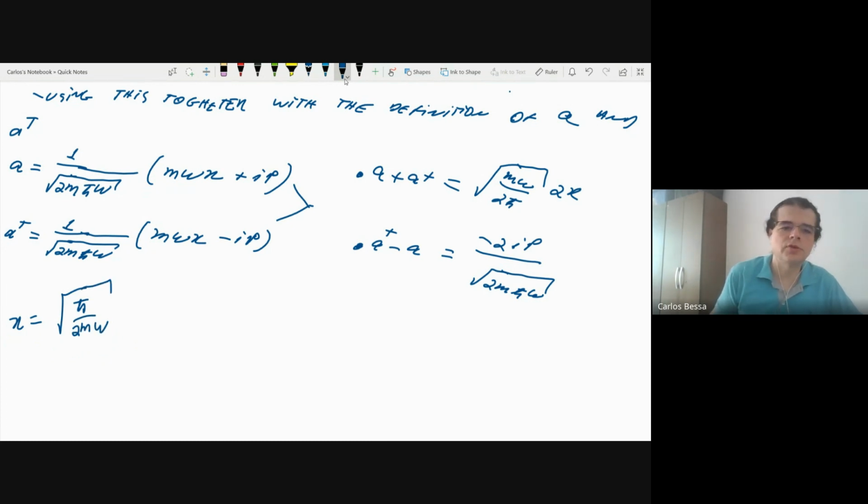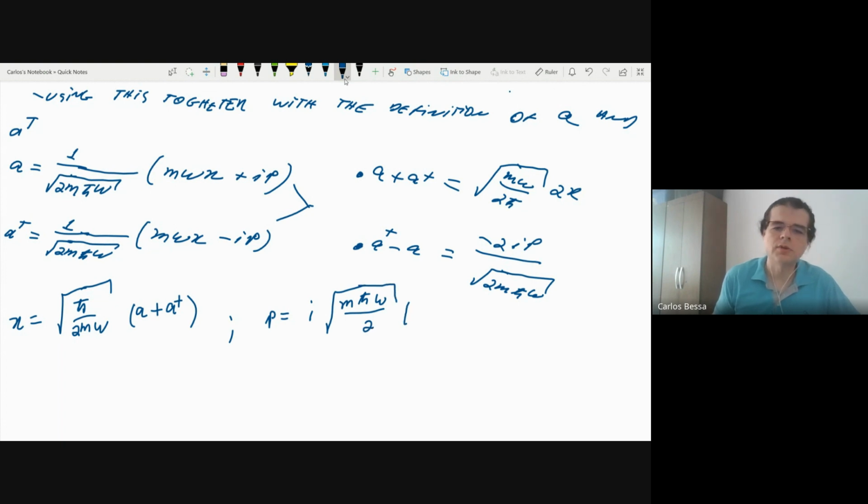I just inverted this equation. And p is equal to i square root of m h bar omega over 2 times a dagger minus a.